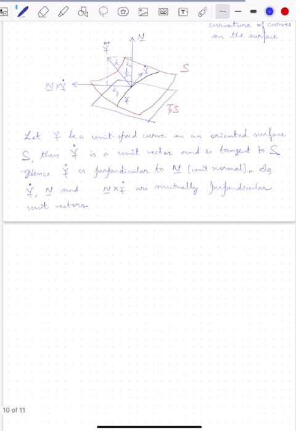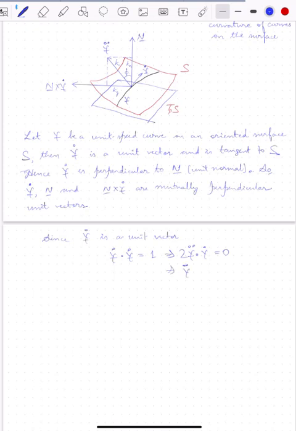Right, this is one thing. Now, since gamma vector is a unit vector, then gamma dot dot gamma dot is equal to 1. And if we differentiate with respect to the parameter, say t, then you have gamma double dot dot gamma dot is equal to 0 (twice).